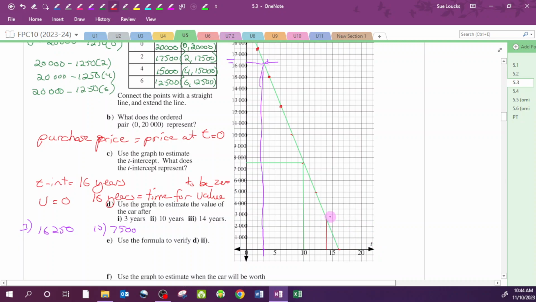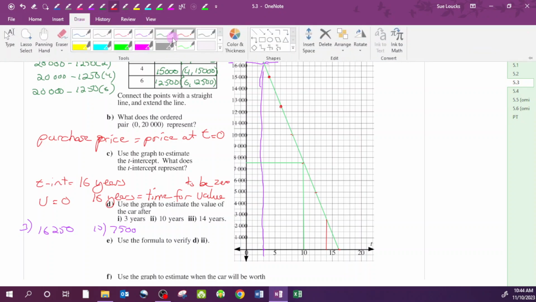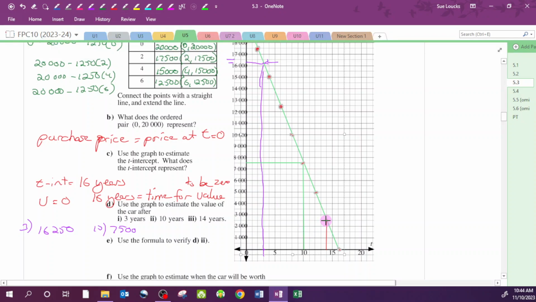And then I draw another line, and it's going to go right across to 2,500. There. So 14 years is $2,500. This should all have dollar signs here because it's a value of the car.